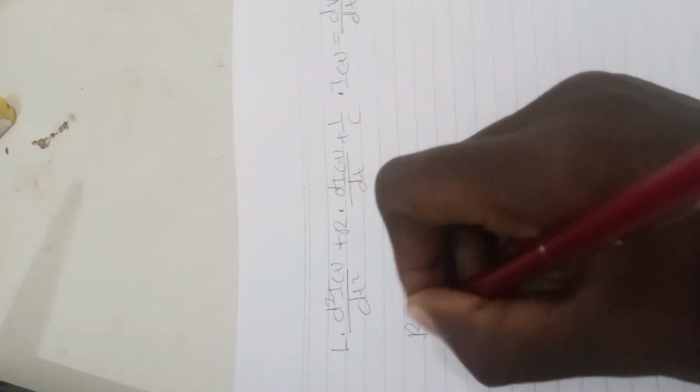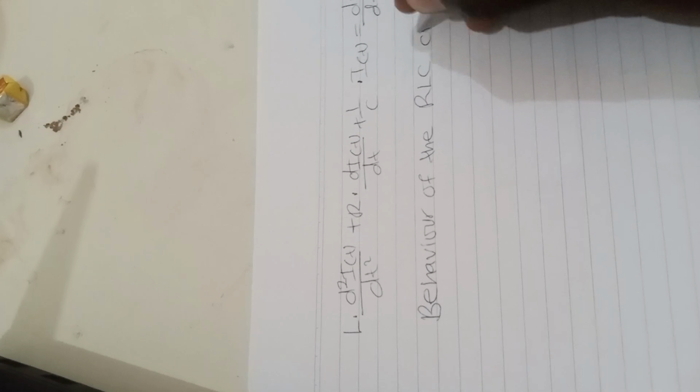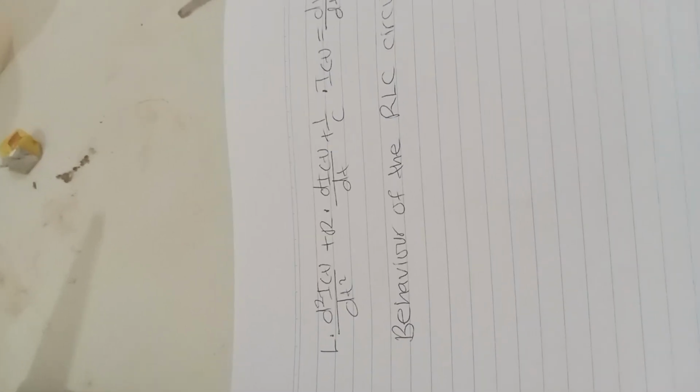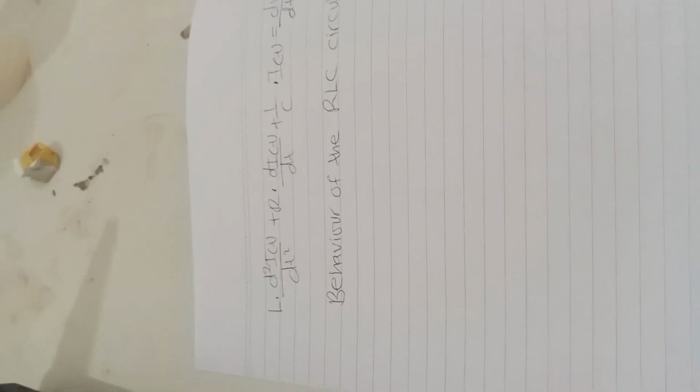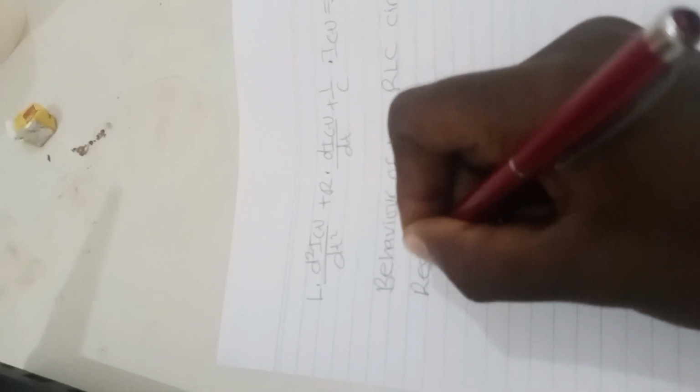Now we are going to move into the behavior of the RLC circuit. The behavior of the RLC circuit depends on the relationship between the resistor, inductor, and capacitor. The system can oscillate, damp, and resonate based on the value of the resistor, inductor, and the capacitor. We have what we call resonance.